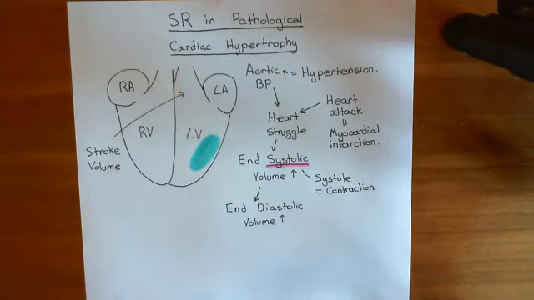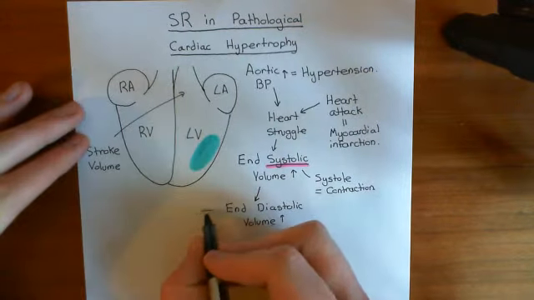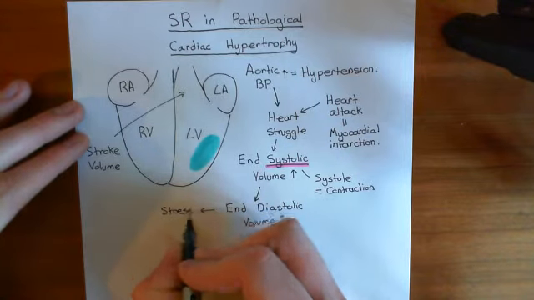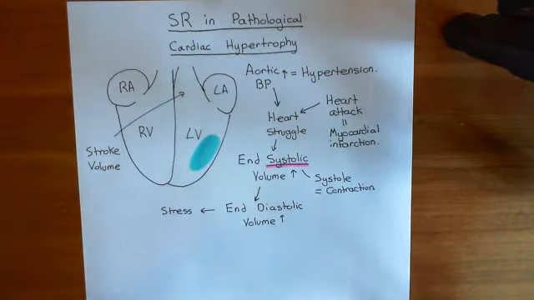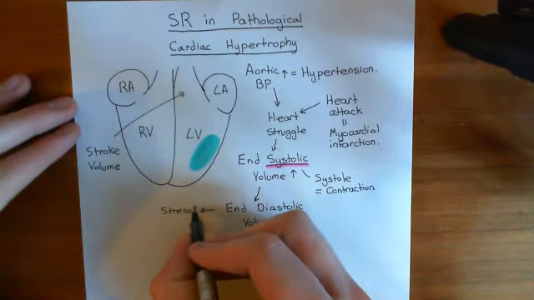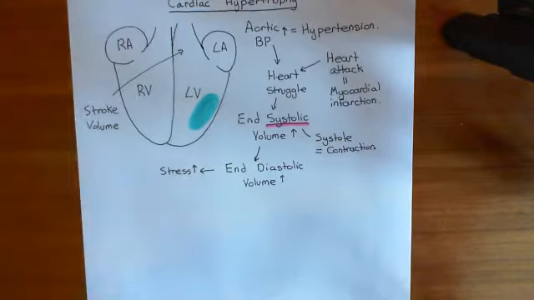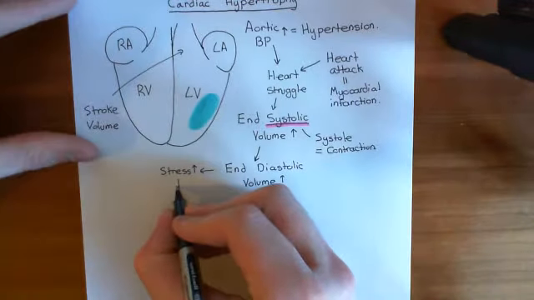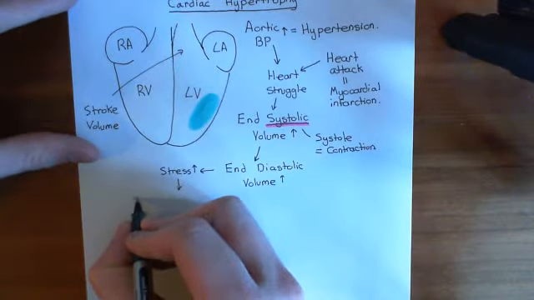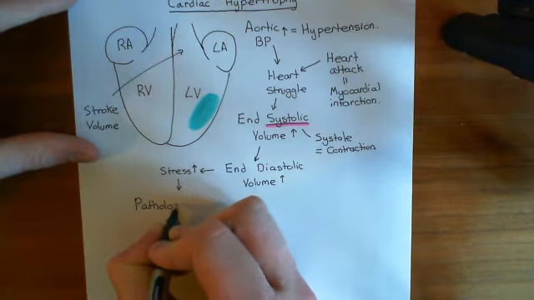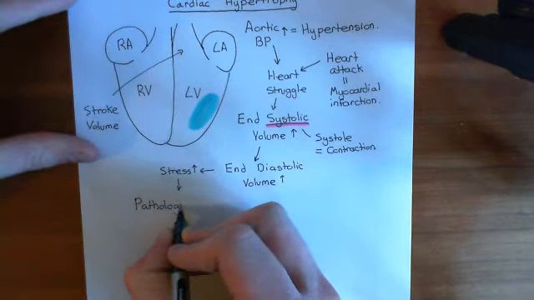So the stress on the heart wall is going to go up if you increase the volume of blood within the chamber. Okay, right, and this then drives what's known as a pathological remodeling of the wall of the left ventricle. So we're going to now get pathological remodeling, which is going to lead to pathological cardiac hypertrophy.